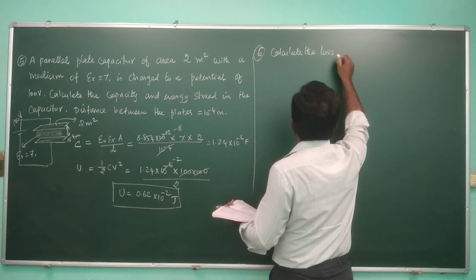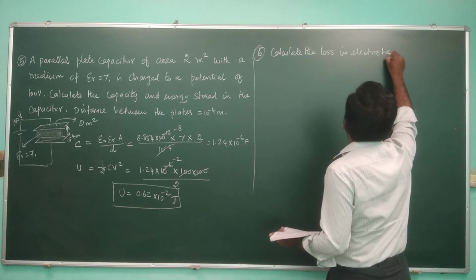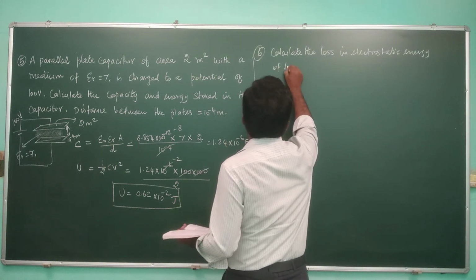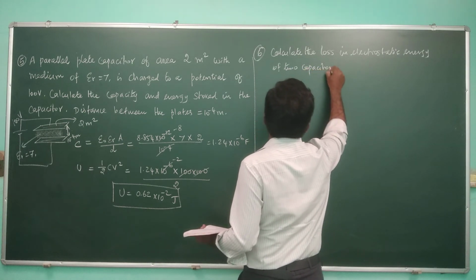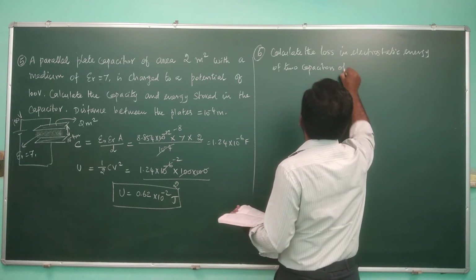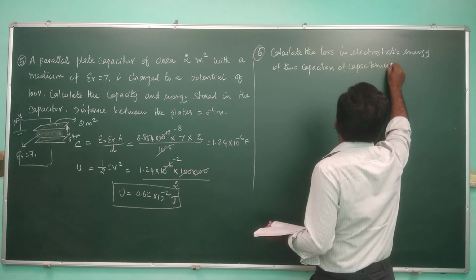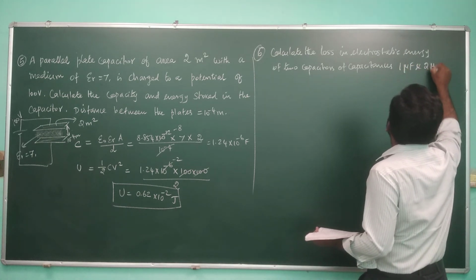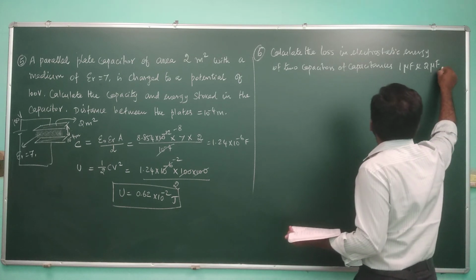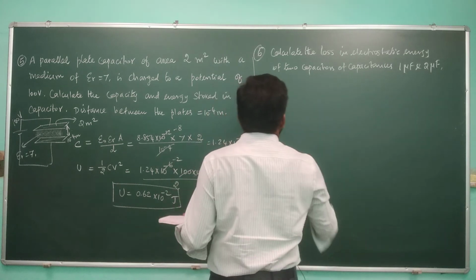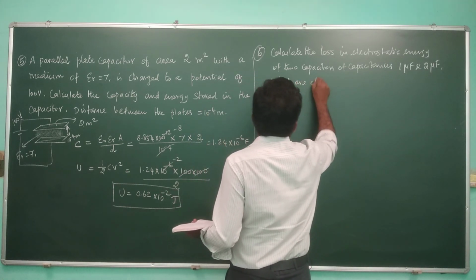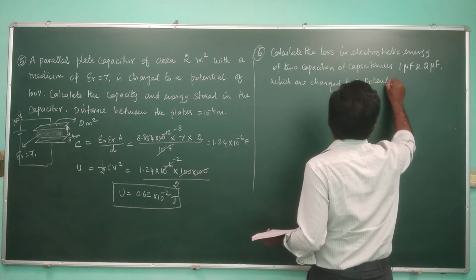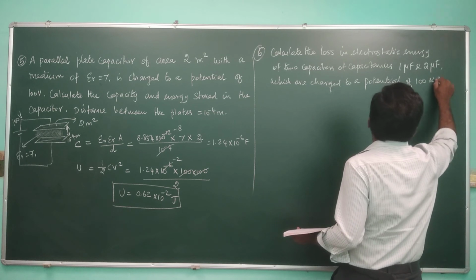Calculate the loss in electrostatic energy of two capacitors of capacitances 1 microfarad and 2 microfarad respectively, which are charged to a potential of 100 and 200 volts, when they share their charge.